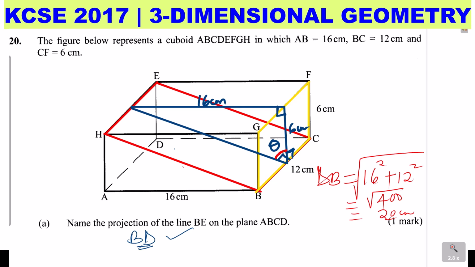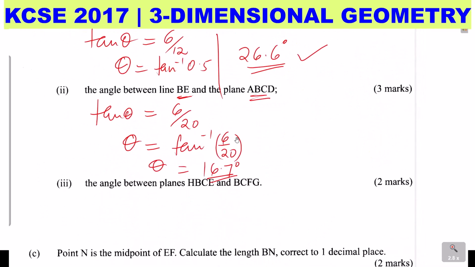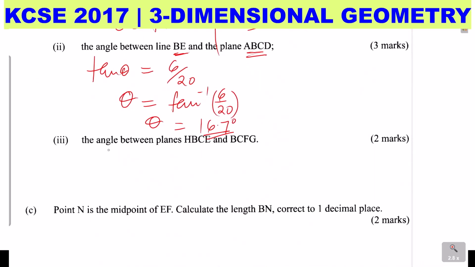And the trig ratio that you're going to use is opposite over adjacent. The opposite side is 16, adjacent is 6. So tan of theta, again, we are going to use a tangent.